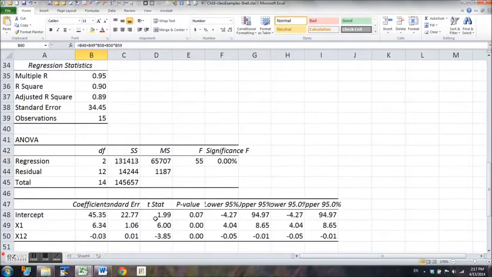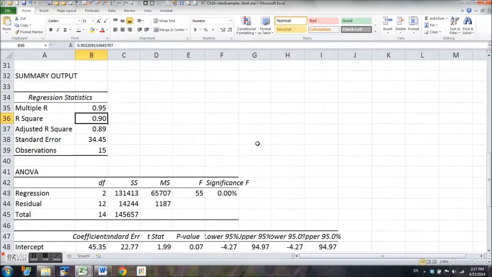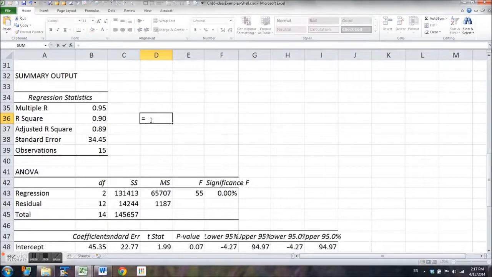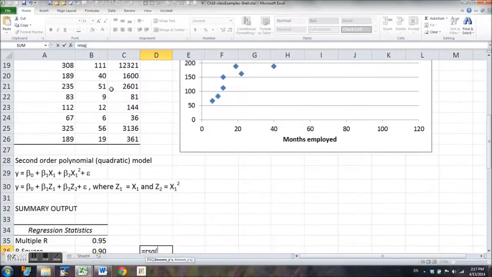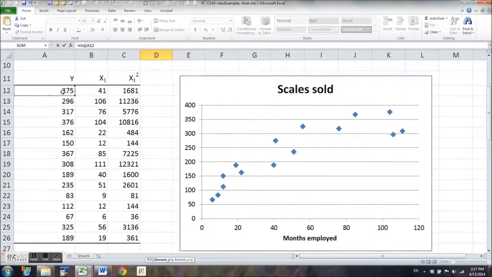Now let's look at the fit. Here the R squared for the quadratic equation is 90%. Now if we did just a linear fit, the Y range, X range is just X sub 1.